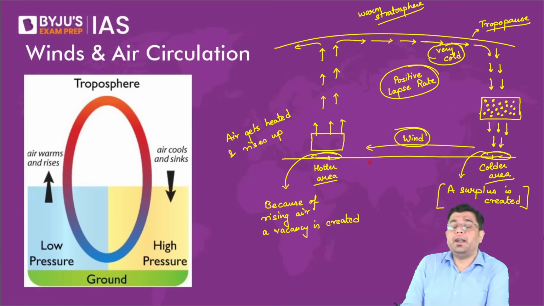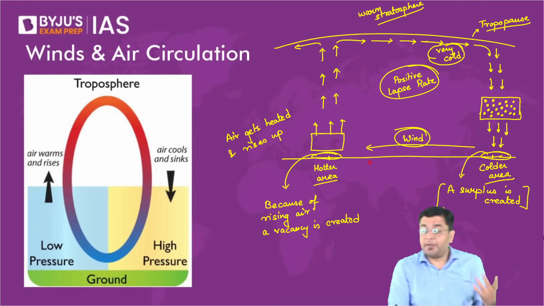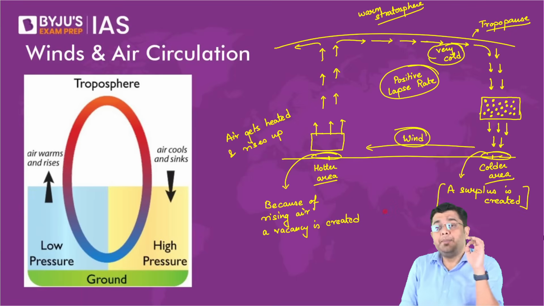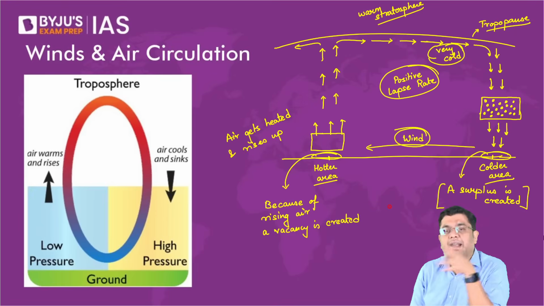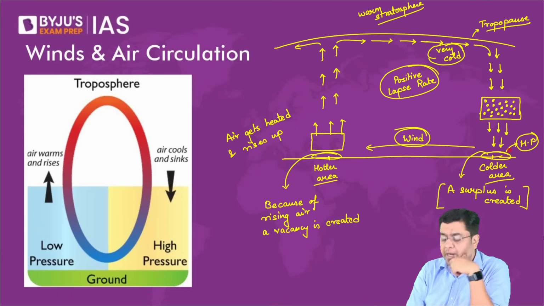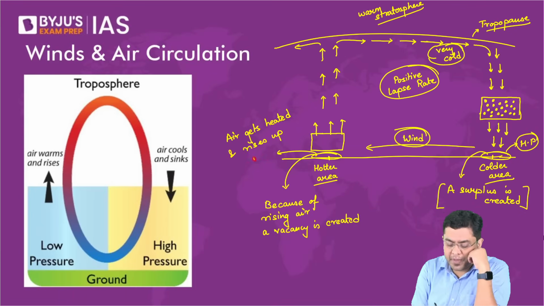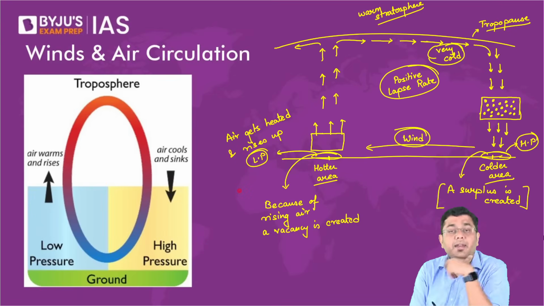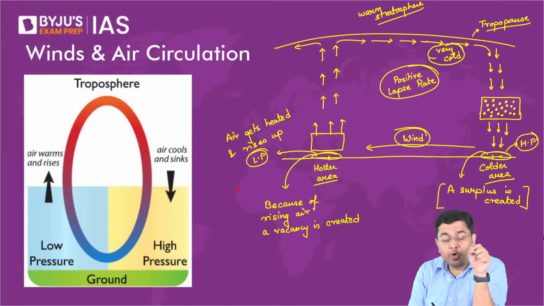So always understand and remember that wind will blow from high pressure to low pressure. That high pressure and low pressure can be created by different circumstances, but here, in the region of high pressure, you have sinking air because of cold conditions. Here you have the condition of low pressure because you have rising air because of heating. So from the high pressure to the low pressure, there will be a movement of the wind.